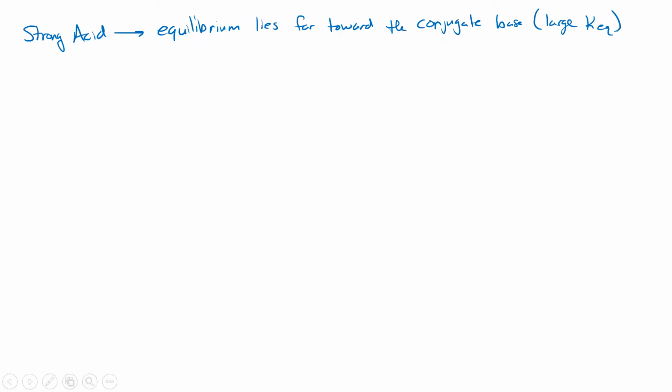So you have your acid plus water makes hydronium plus conjugate base. Right? If the equilibrium favors the product side, then you have a strong acid, right? So large KEQs tend to favor the products, as we know from previous work. Strong acids have KEQs that favor the products.